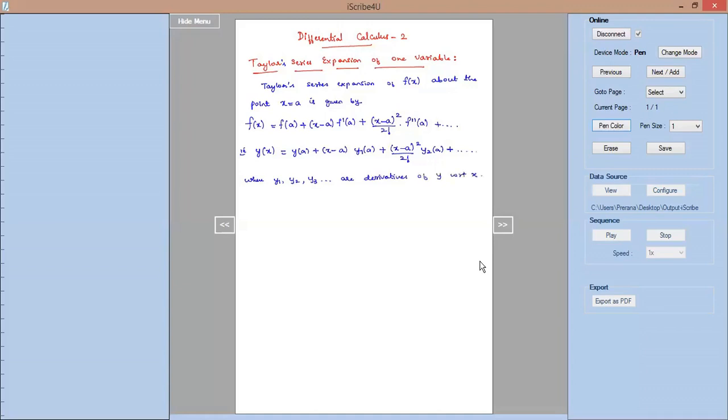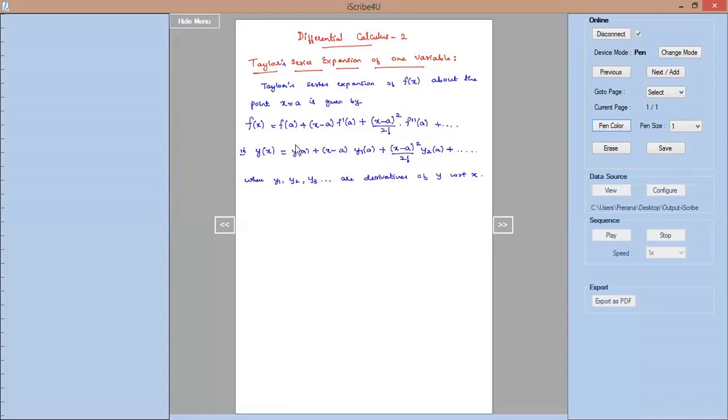So we'll be taking successive differentiation of y with respect to x to find out y1, y2, y3, etc. So this is the first topic we will be discussing, that is Taylor series expansion of f of x about the point x is equal to a.